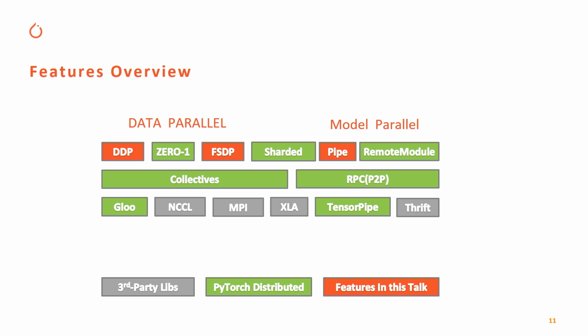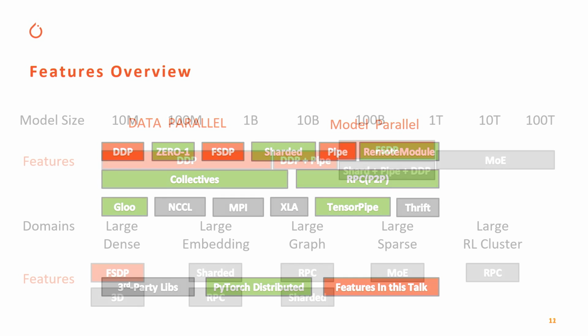Model parallel is a process of splitting models across multiple devices and creating pipeline computation to train models across devices. This is usually used when models are too large to fit into a single device. For communicating results across multiple machines, RPC or point-to-point calls are used. In this talk, we will focus on the new features for FSDP, DDP, and pipeline parallelism.